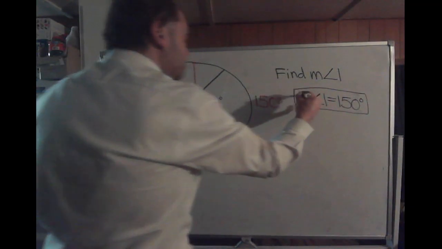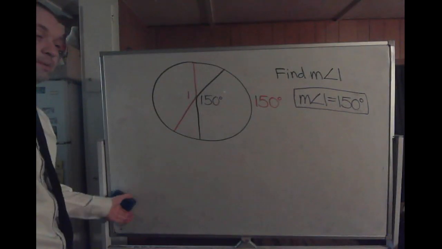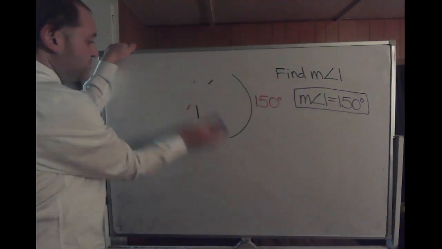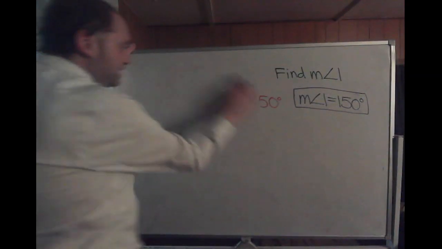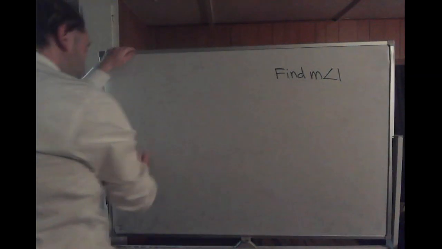So that was a nice shortcut you can use, the fact that vertical angles are congruent. So instead of sitting there and doing a bunch of 360 minus 150 and then another 30 math, I mean, you can do it that way, but why torture yourself? Okay.